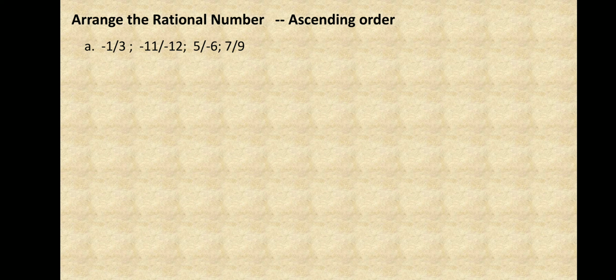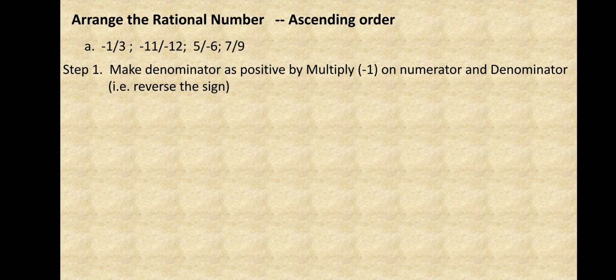So these are your 4 numbers: minus 1 by 3, minus 11 by minus 12, 5 by minus 6 and 7 by 9. So first, what should you do? You have to make the denominators positive by multiplying numerator and denominator by minus 1. And why are we doing this? To reverse the sign, because the denominator shouldn't have a negative sign, right?